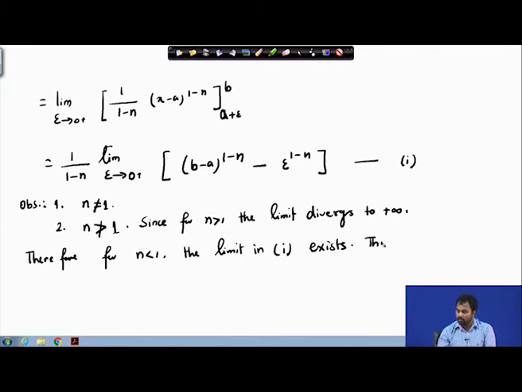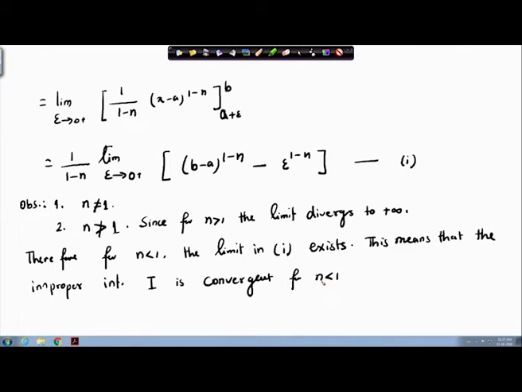This means that the improper integral I is convergent for n less than 1, and of course, it will be divergent for all n greater or equal to 1.